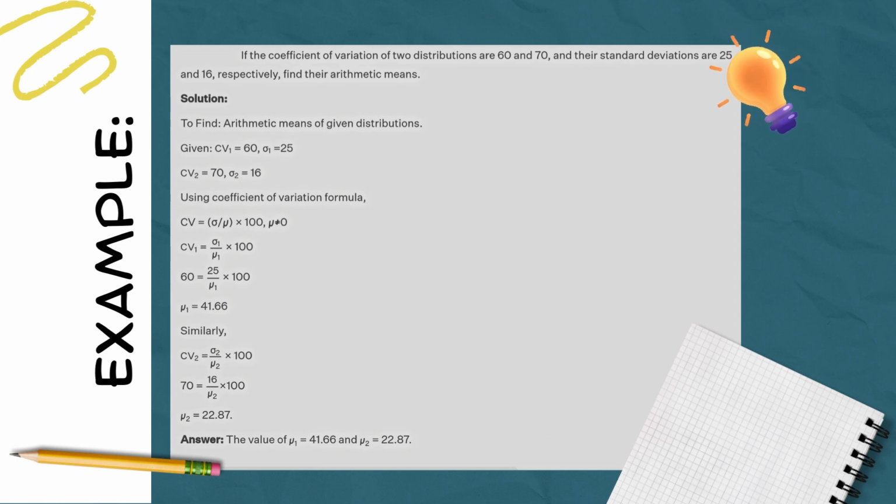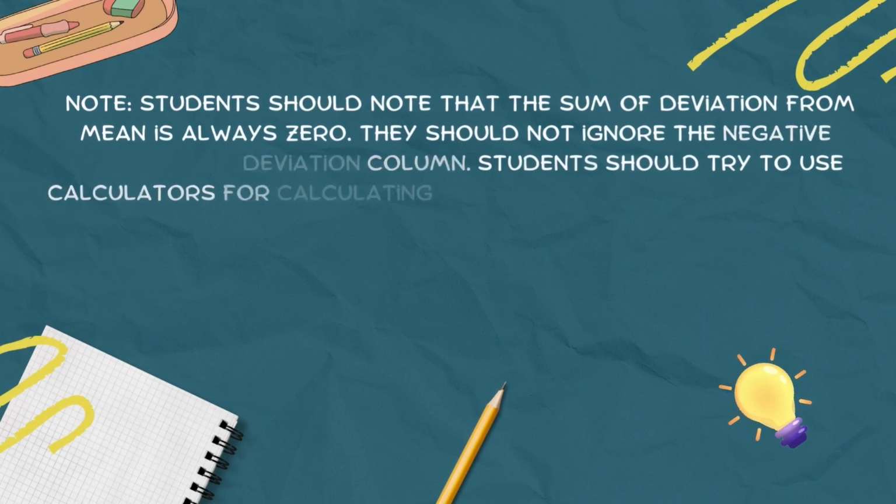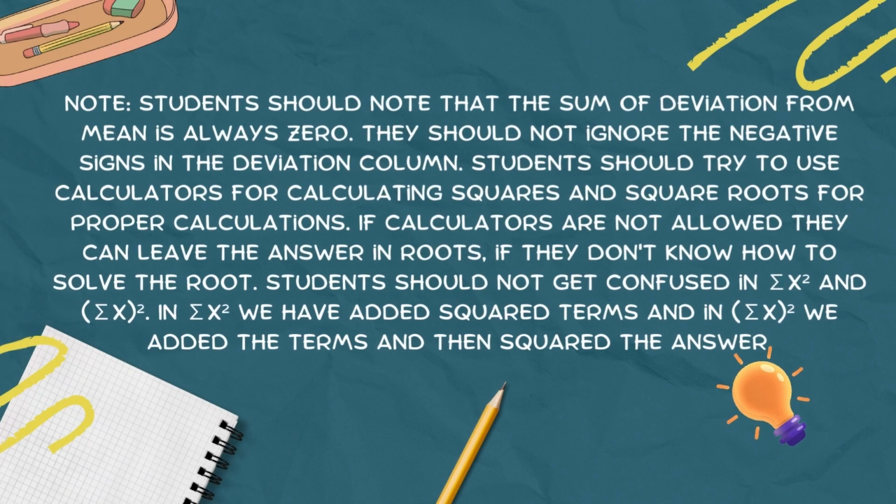If we substitute the given 2 to the formula, it will become 70 is equal to 16 over mean 2 times 100. If we solve that using our calculator, mean 2 is equal to 22.87.